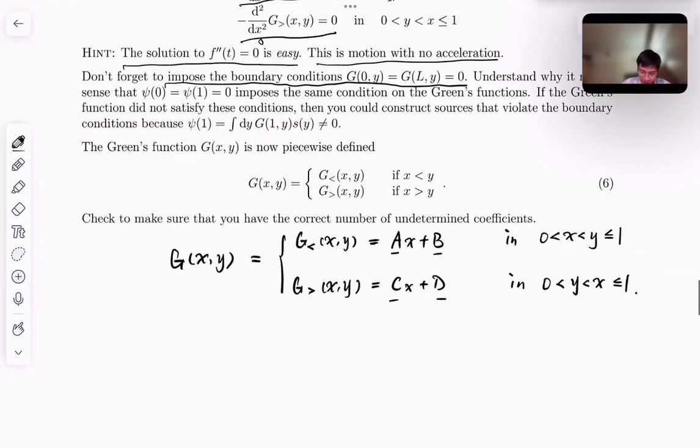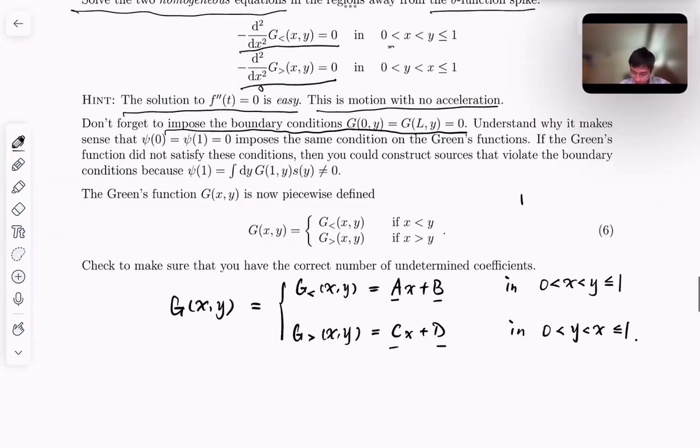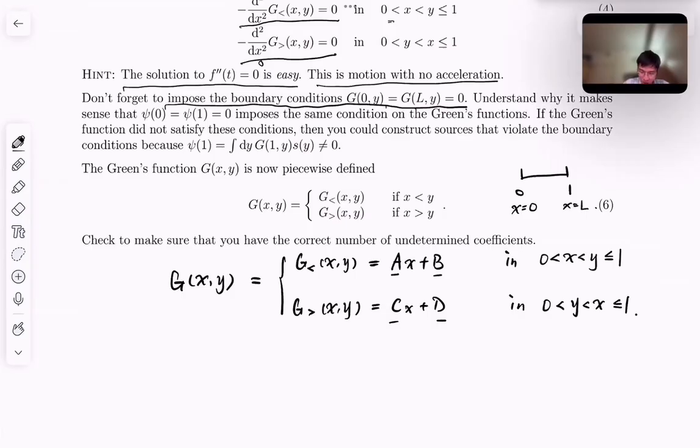The domain is from 0 to 1, the left boundary is x equals 0, and the right boundary is x equals L. We insert these solutions. G(0,y) equals 0, because x is 0 and 0 is less than y, so a times 0 plus b equals b, and we get b equals 0.